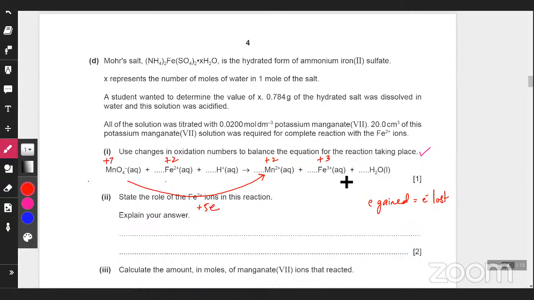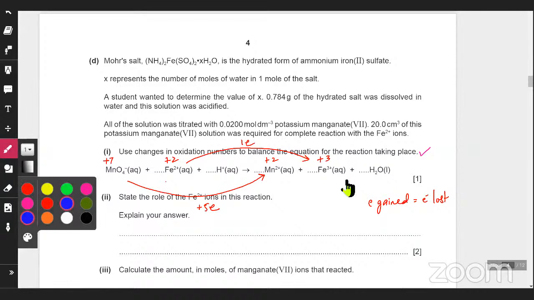And Fe, on the other hand, is getting oxidized and loses just 1 electron. It goes from +2 to +3. So to make the number of electrons equal, I should multiply the oxidation part by 5. So there should be 5 Fe's to balance out the electrons lost and gained.